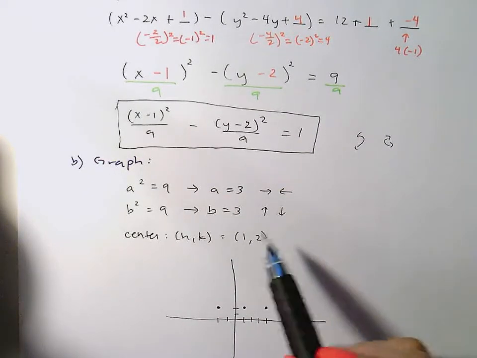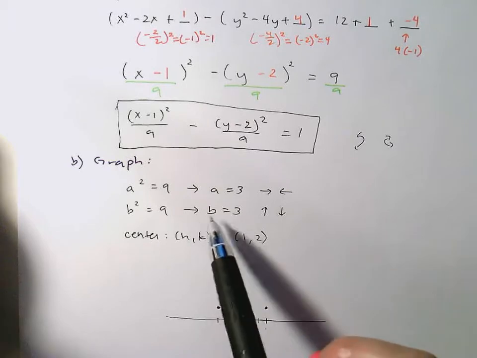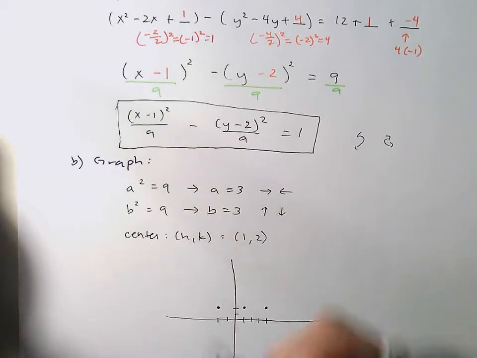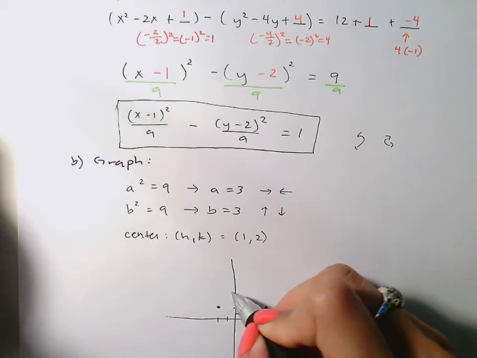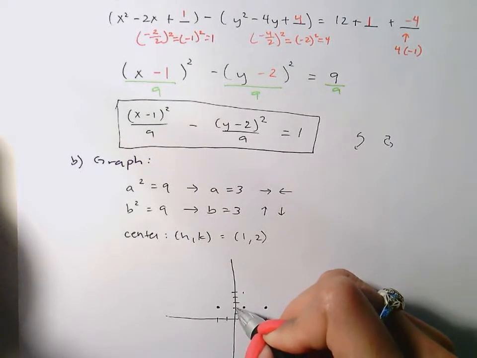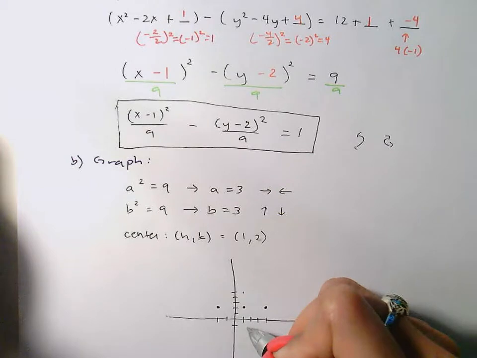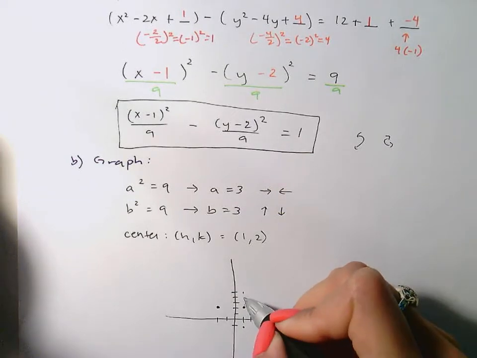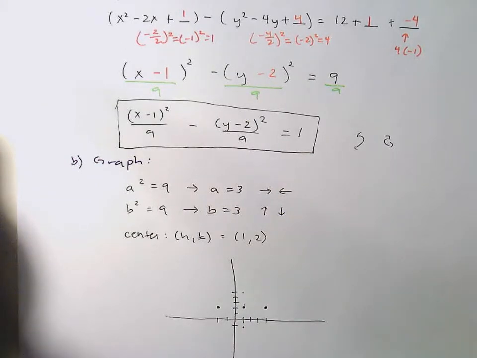We're going to also use the b, which is equal to 3, and we're going to go up 3, so 1, 2, and 3. And we're going to go down by 3, so 1, 2, and 3. We always start at that center, go up 3, and then down 3. And we're going to use these in order to draw the fundamental rectangle.